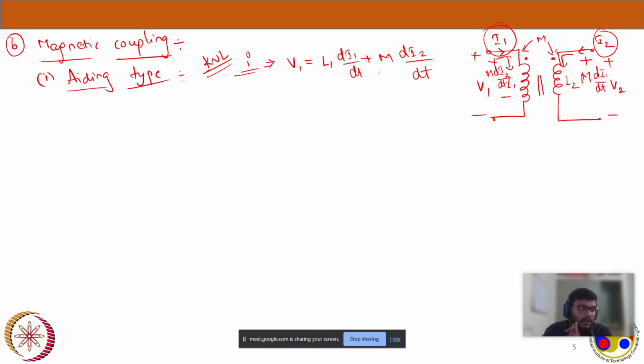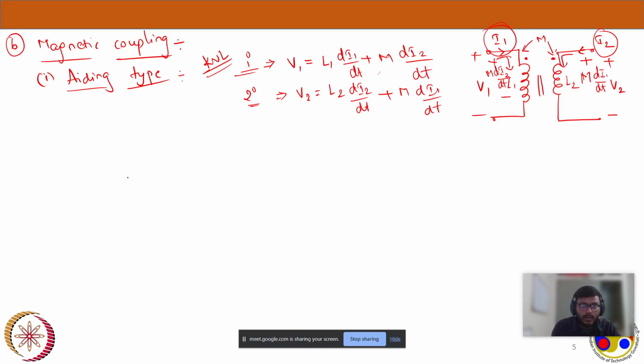If you see, self inductance and mutual inductance have the same polarity, but it is because of the different currents. Now if you write the KVL for the secondary side, V2 is equal to L2 di2 by dt plus M di1 by dt. So why is this called an aiding type? Because in both equations, self inductance L1 and mutual inductance M have the same polarity. That is an example of a magnetic coupling circuit of aiding type.